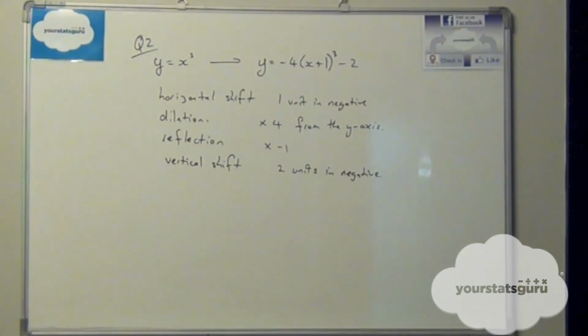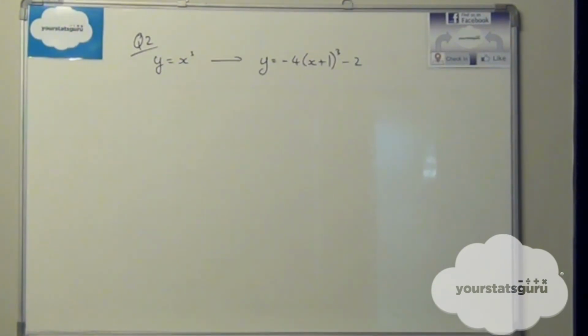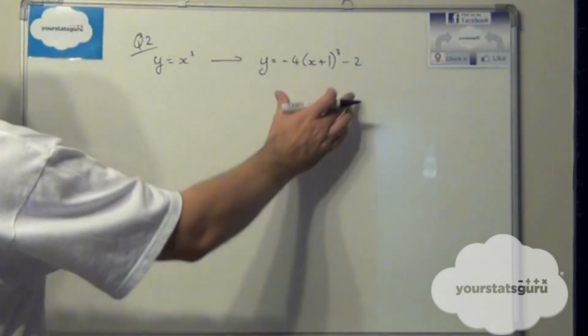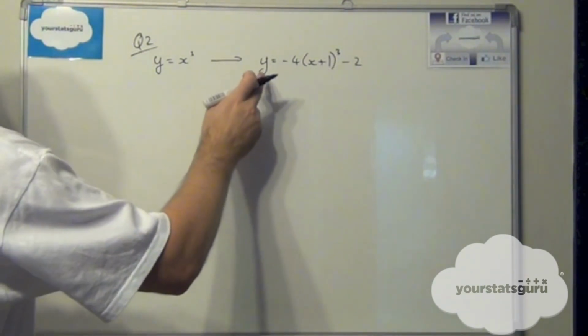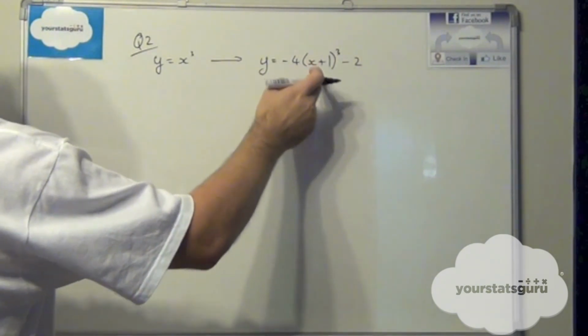And that's it. Now, what they will also want you to do is use the method that the textbook describes in order to show that. So, doing it the way the textbook describes it, you take this and rearrange the equation, replacing y with y prime and x with x prime.